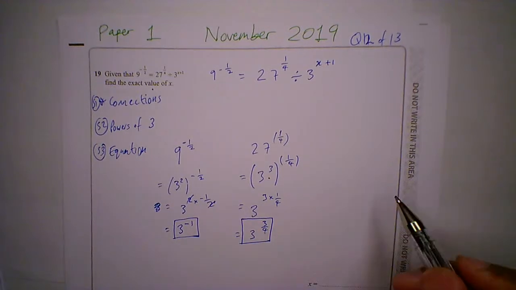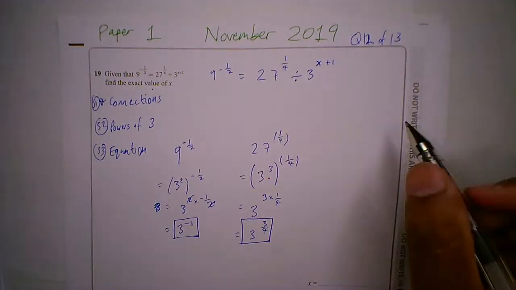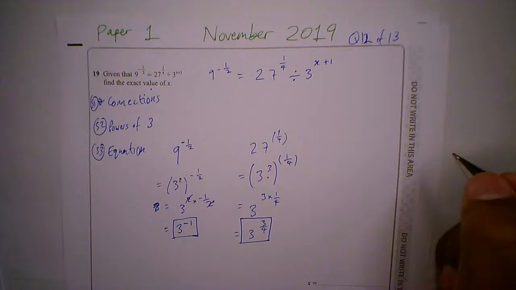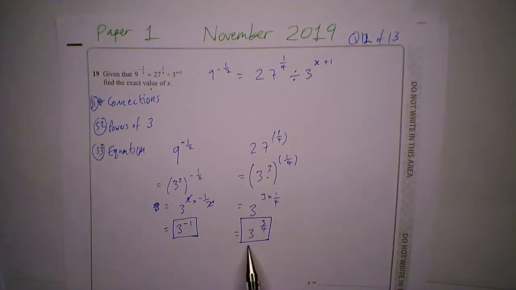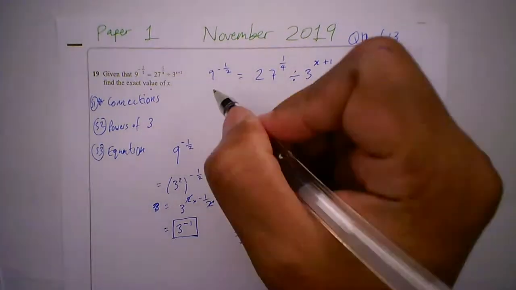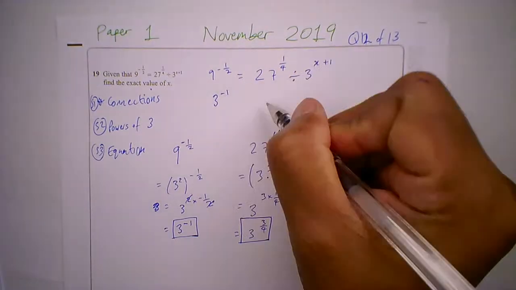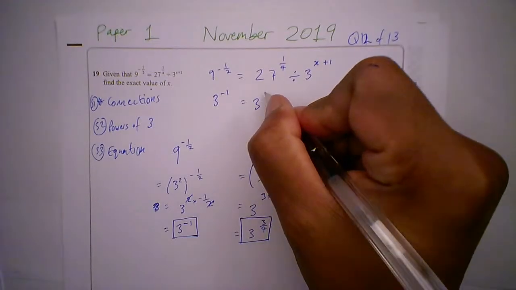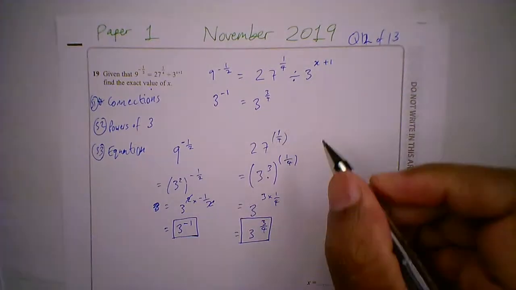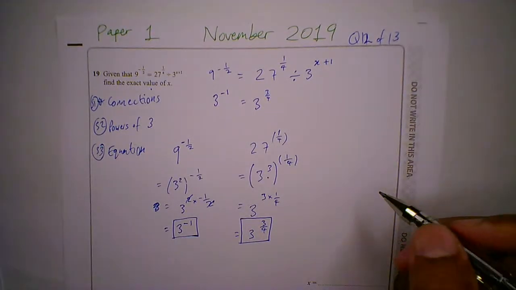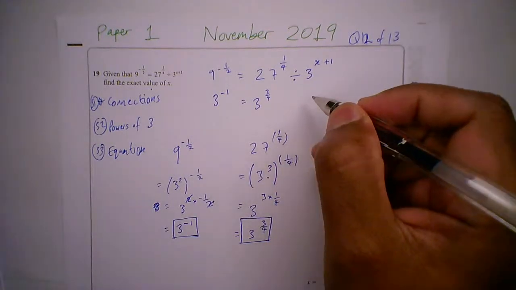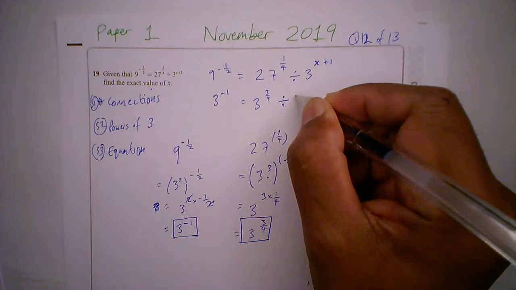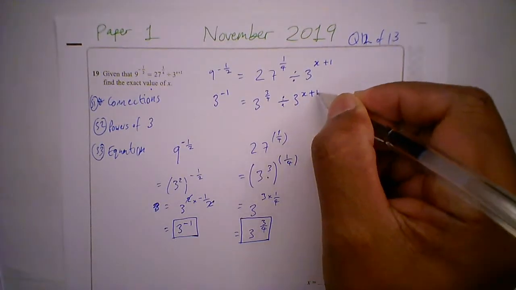Now I'm looking at my third part, which is already in terms of 3. So I can now replace this into here. I'm going to put this as 3 to the power minus half equals 3 to the power 3 over 4 divided by 3 to the power x plus 1.